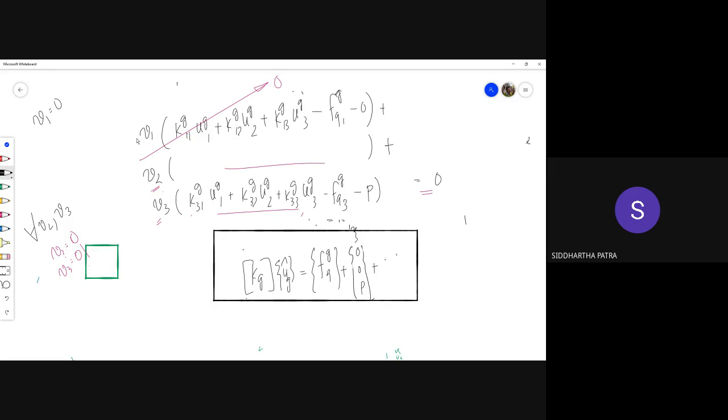Because V1 is 0, there is no way for me to argue that for any arbitrary V1 this expression should be 0, which I could do with V2 and V3, but I cannot do that with V1. At this point it should feel like deja vu, because this is exactly what we discussed in the last class.